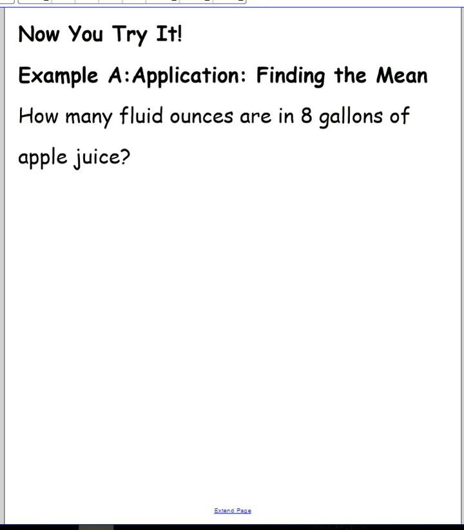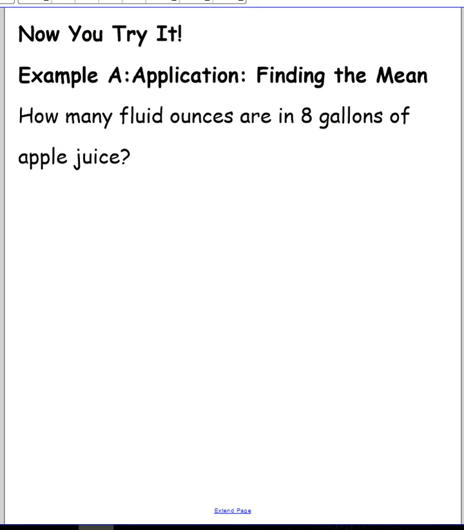So here's one for you to try. You're going from ounces now to gallons. And so again, the charts, the measurements that you printed off or received in class is very helpful if you're not sure of the different conversions between getting from ounces all the way to gallons.